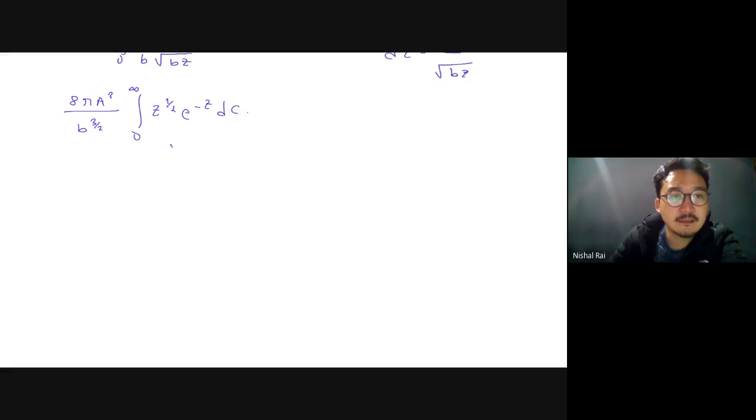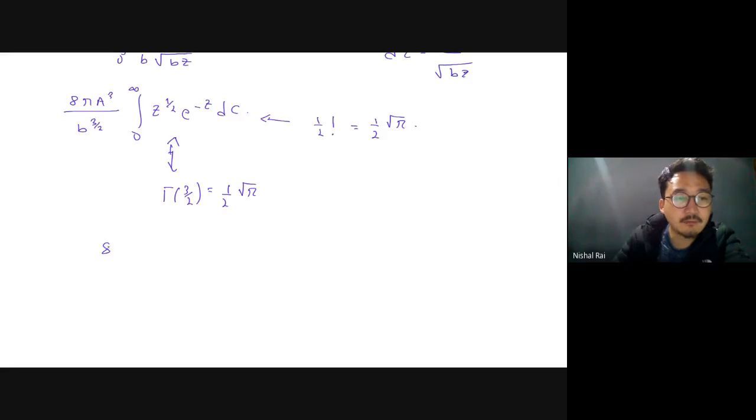And basically this quantity which is sitting over here is gamma 3 by 2. This is basically a gamma function, or this is half root pi, or basically this is half factorial, which will give you half root pi. Either way it's fine.